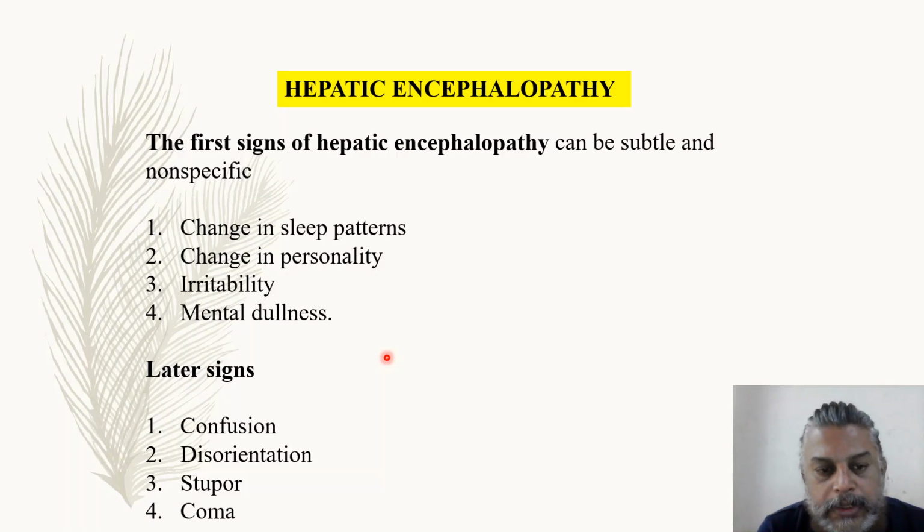There is a change in the personality of the person. He is more irritable and there is sluggishness of mental acuteness. Later on, the patient will have confusion, he would be disoriented, and in the later part, it may come to stupor and coma.